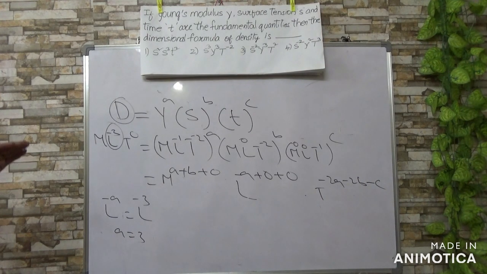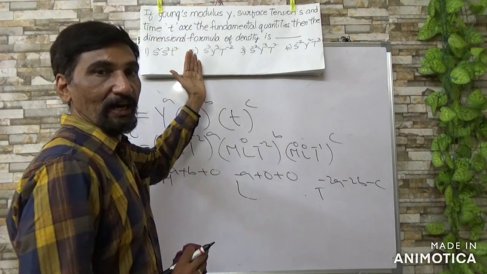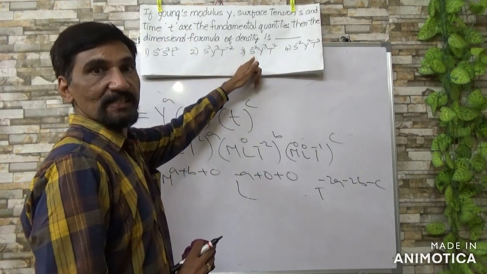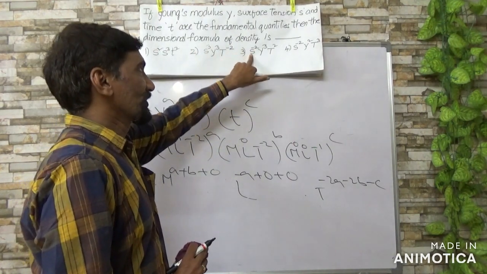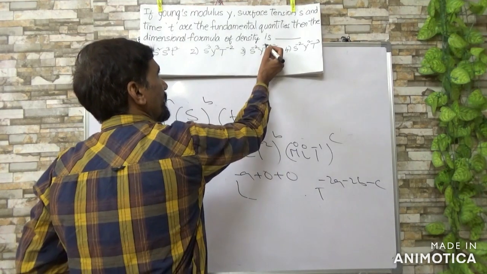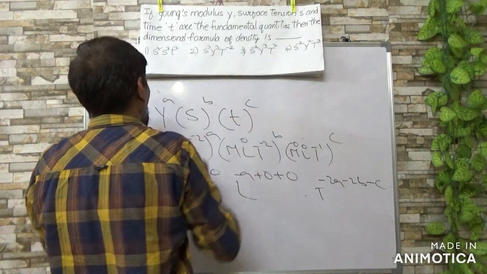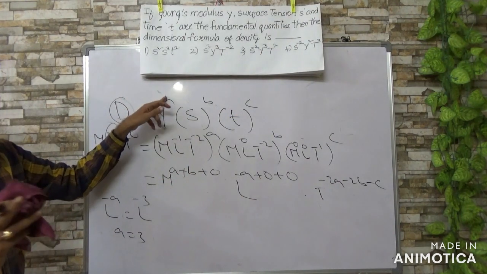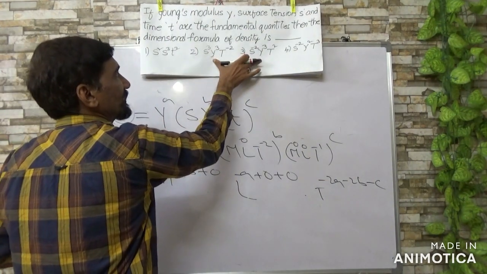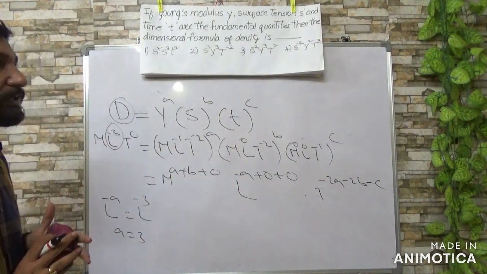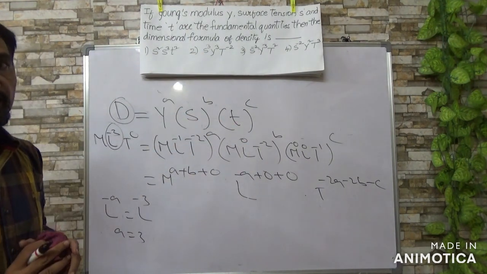Order wise, Young's modulus we have taken first, but in the formula given, surface tension is first in these options. See, A is 3 in these two. According to us, Young's modulus is taken first, so Y power 3 is confirmed. So the answer is between these two. Next, if you know surface tension, the B value we can also easily find.